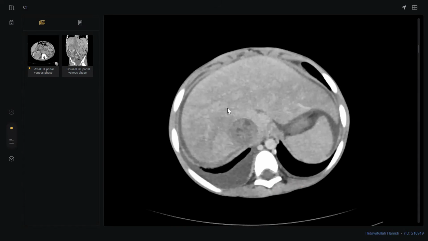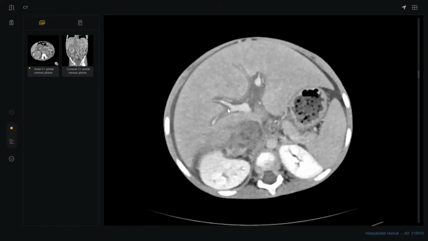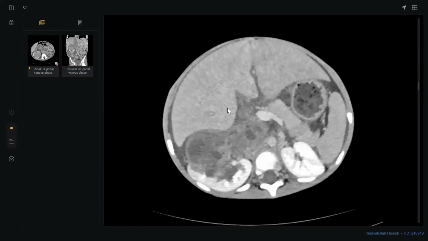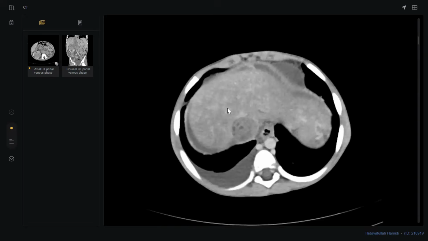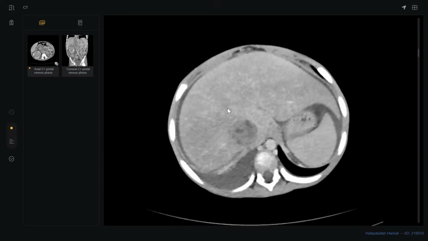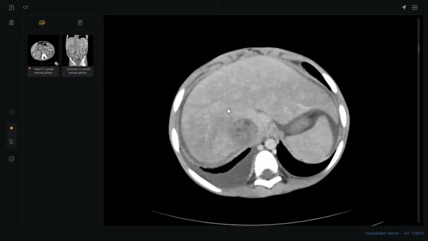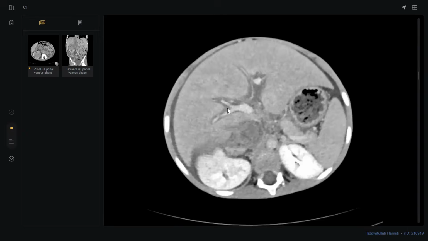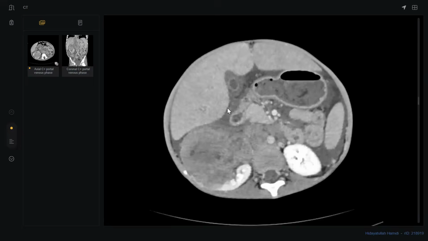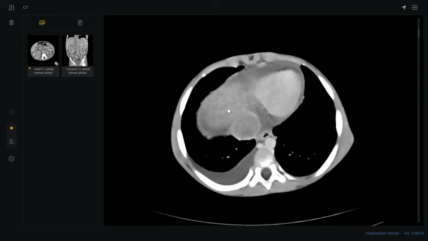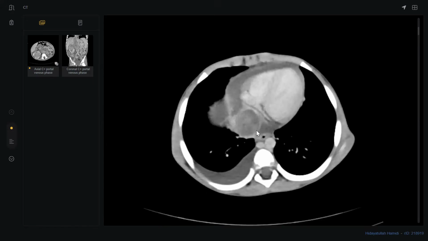This appearance is known as nutmeg appearance, or dirty liver appearance, with complete obstruction of the inferior vena cava. At least this is the appearance of thrombosis of the hepatic veins and the inferior vena cava.